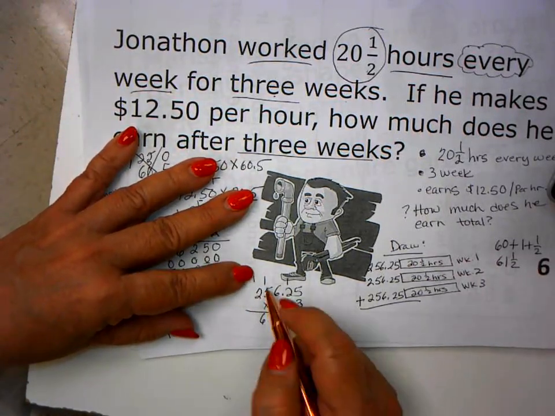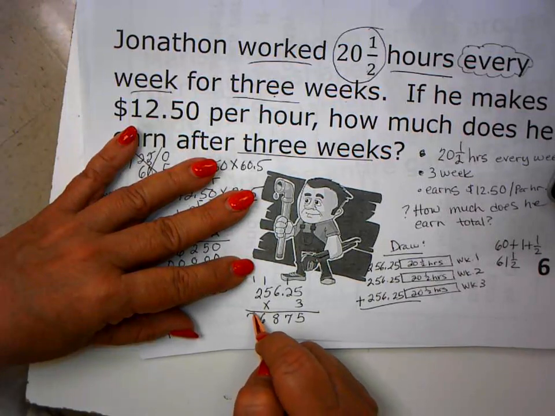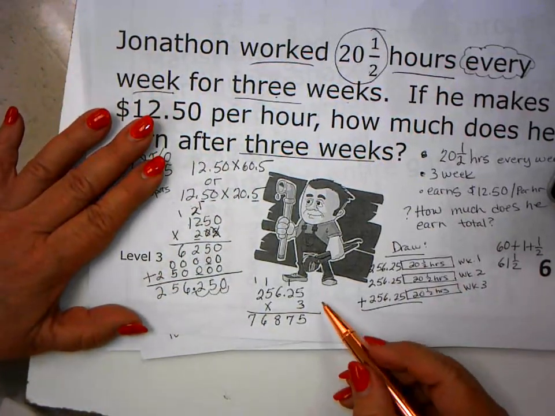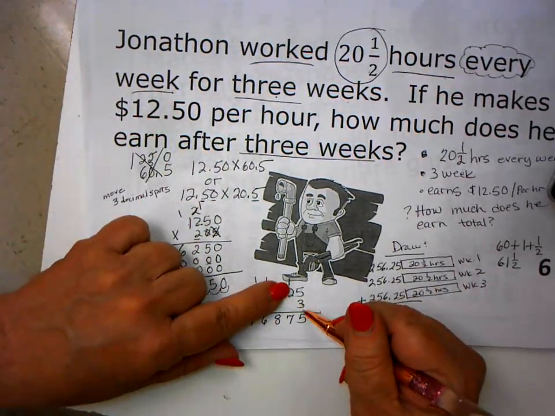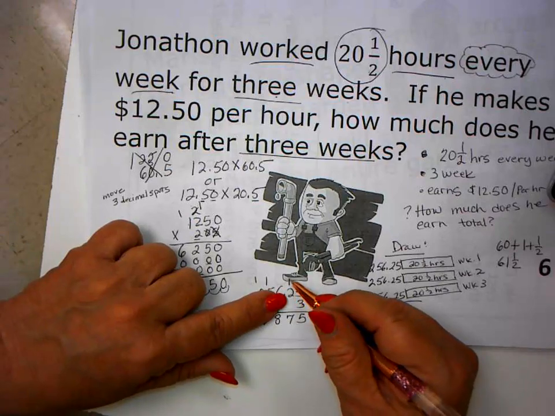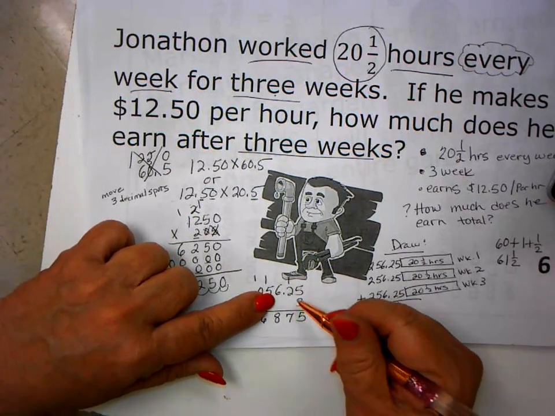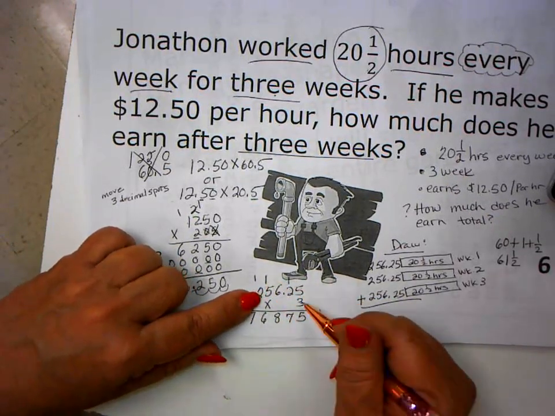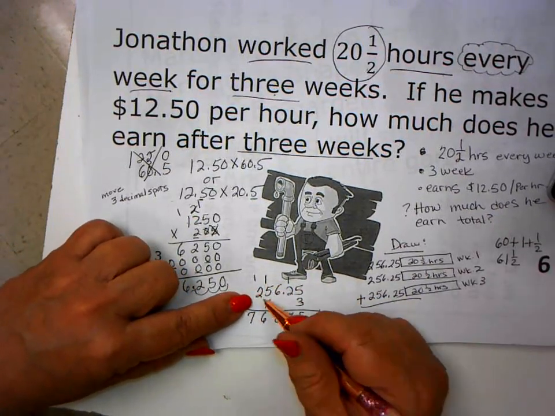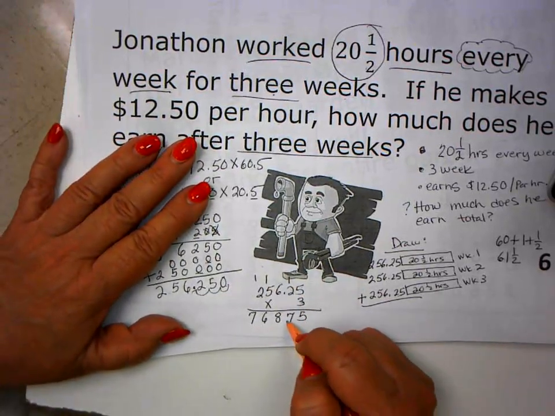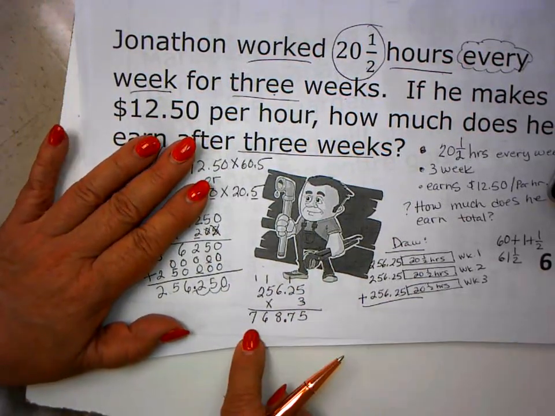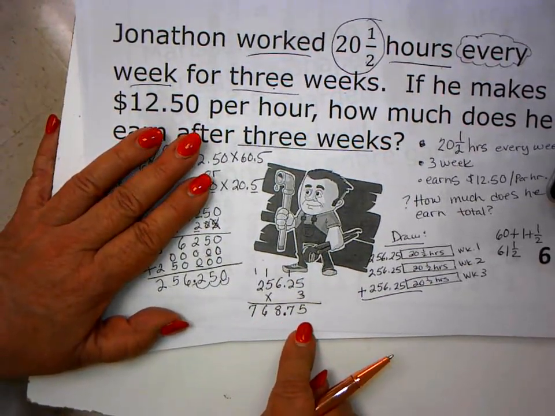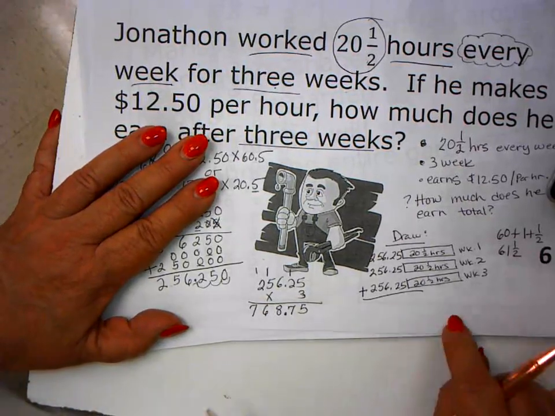Regroup. 3 times 2 plus 1 is 7. So I'm going to double check to make sure my math is correct. 3 times 5 is 15. That's 6, 7. That is 18. Regroup. 15, 16. 6 and 7. So now I'm going to move it over twice. So it's $768.75 he made in 3 weeks.